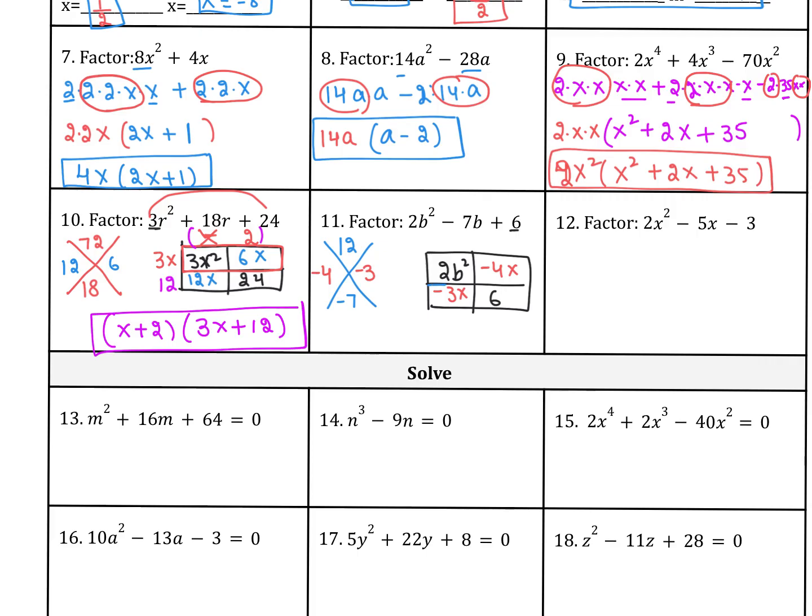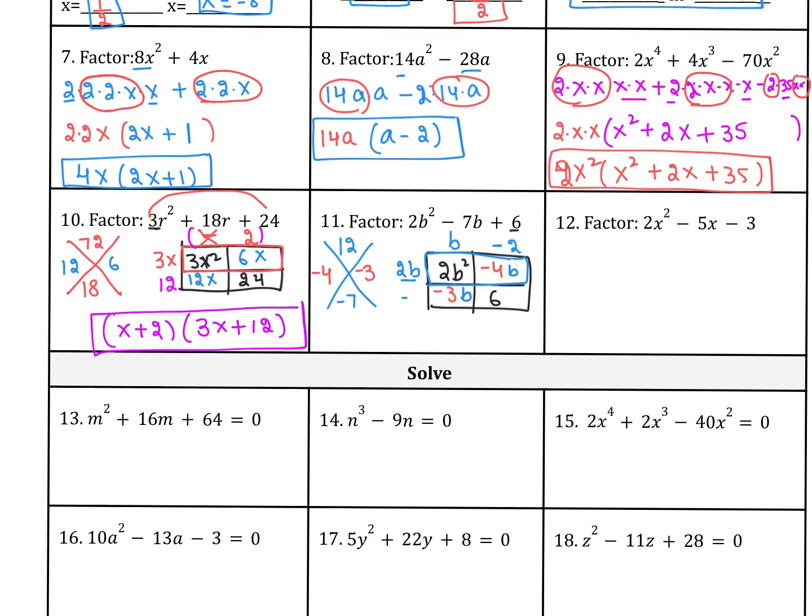GCF of the first row is going to be 2b. So here you're going to multiply this by b to get 2b squared, and 2b times -2 would be -4b.